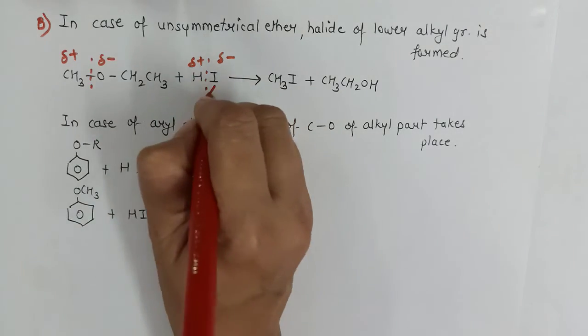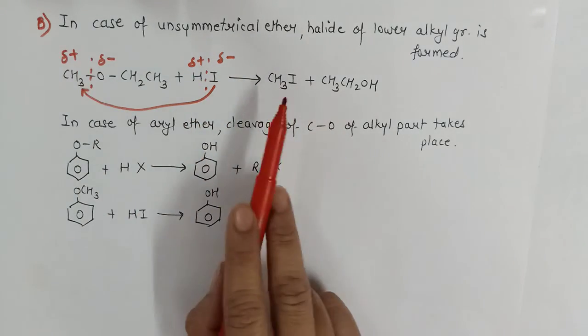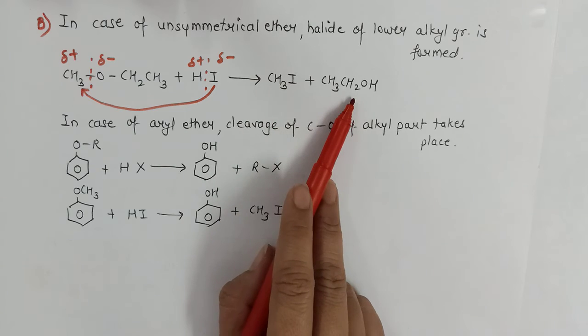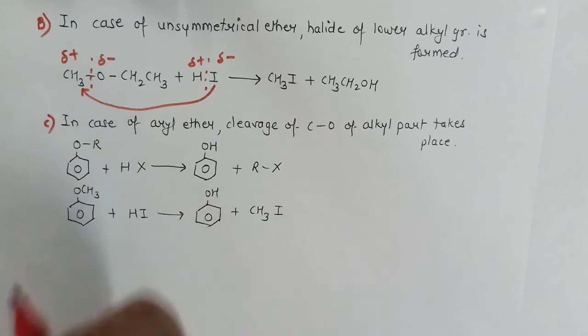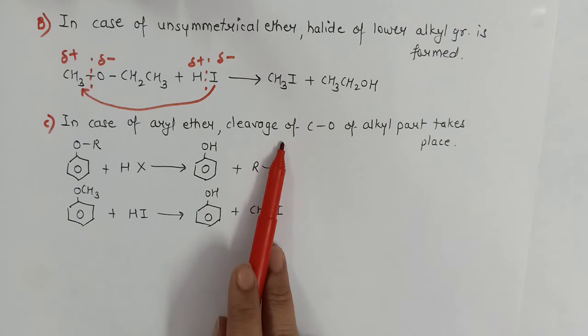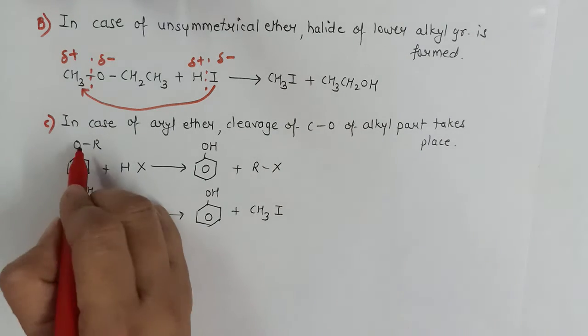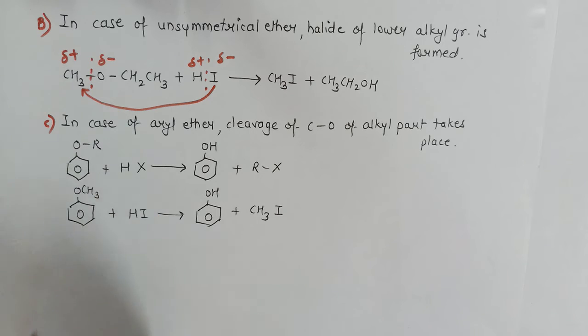The halide will move to the lower alkyl group, forming iodomethane, and we will get the alcohol of the higher alkyl part.